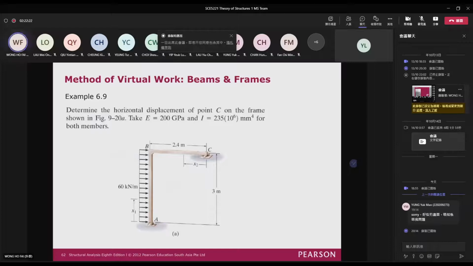And actually the same method can be extended to frame structures like this. Now, here you can see that we can determine the horizontal displacement of point C. You can see that we have a point C here of the frame. And then, for example, when you apply the force, it will be something like that.